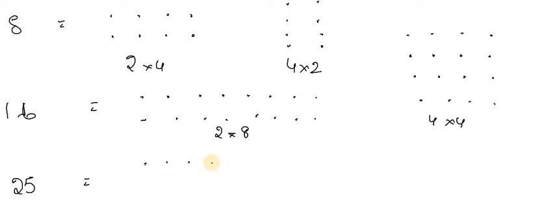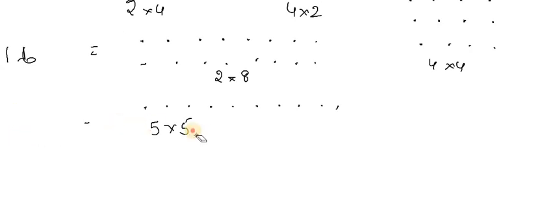1 2 3 4 5 6 7 8 9 10, sorry, like this. 5 5s are 25. Okay, 25 we can't give now. Instead of going to a big number, we will just select a smaller one, that is 15 we will select.